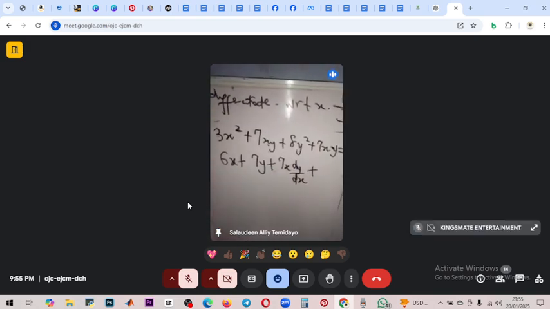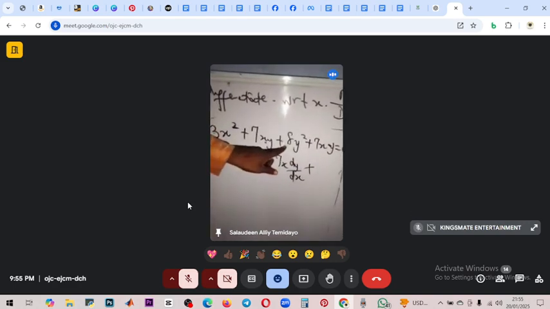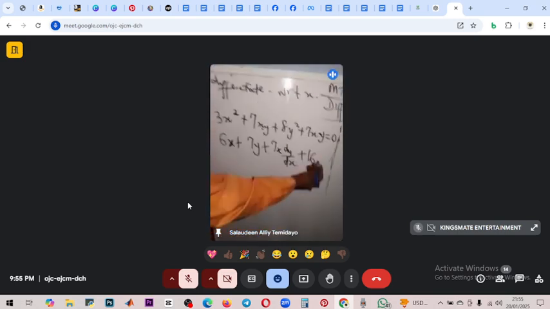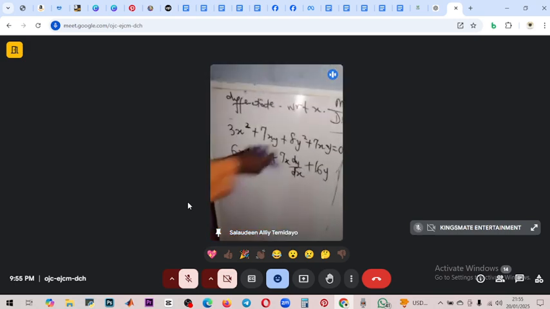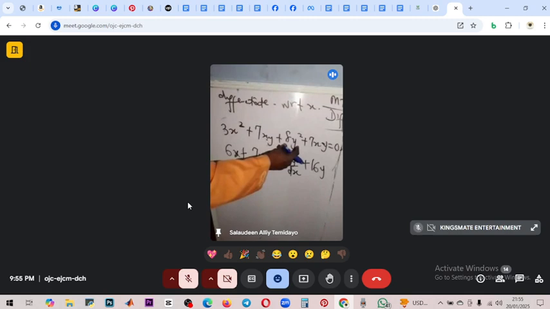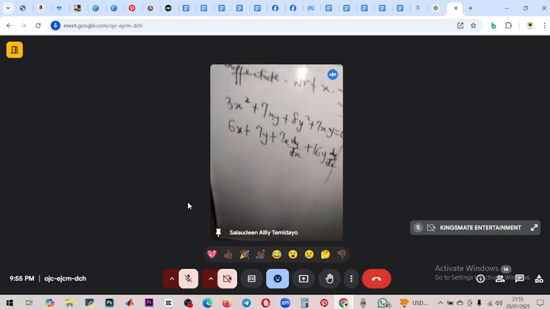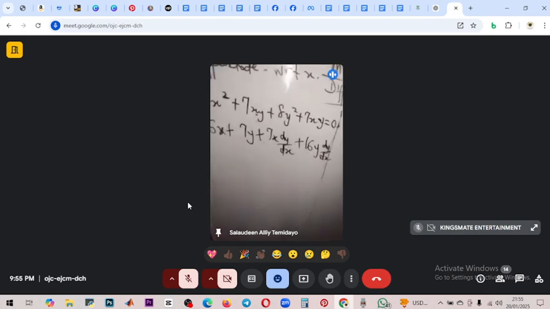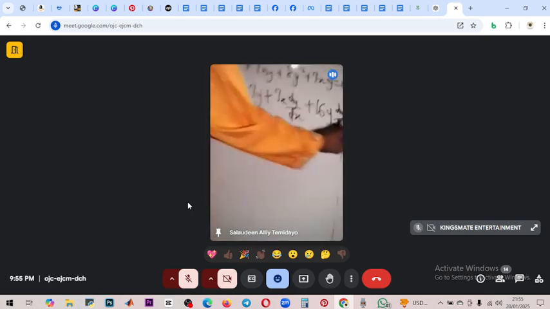Differentiate 8y squared: 2 times 8, 16, so 16y raised to power 1. Anywhere I'm differentiating with respect to y, I must put my dy/dx here.